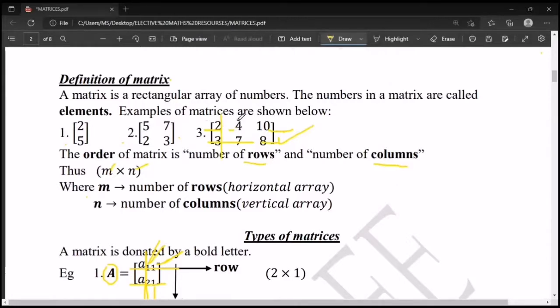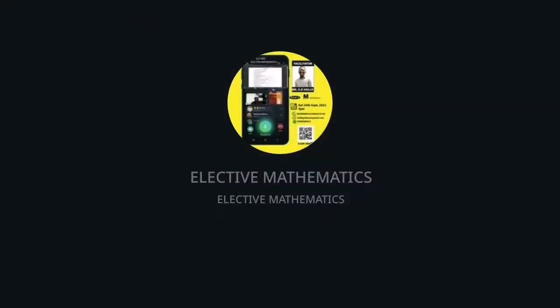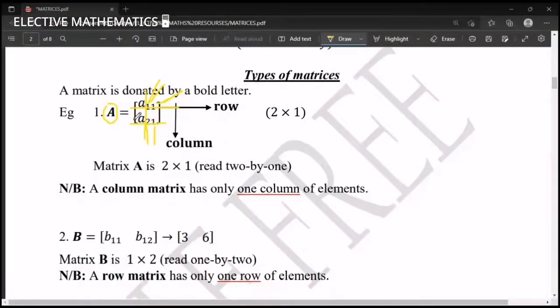Column 1, column 2, column 3. And we said the order of a matrix is rows by columns. So the order of this particular matrix, example 3 over here, is 2 by 3.